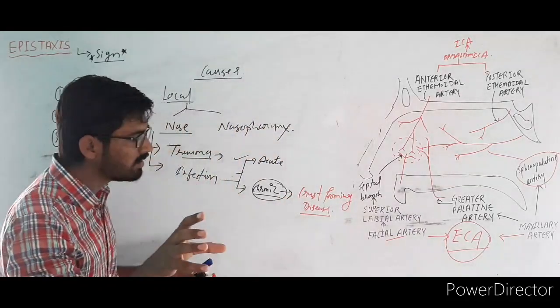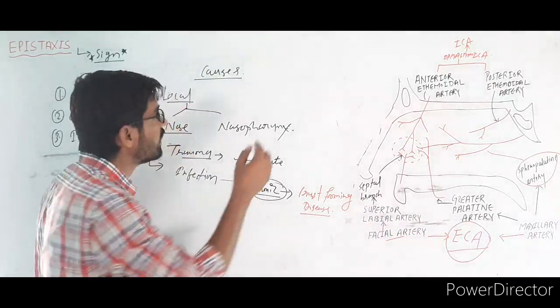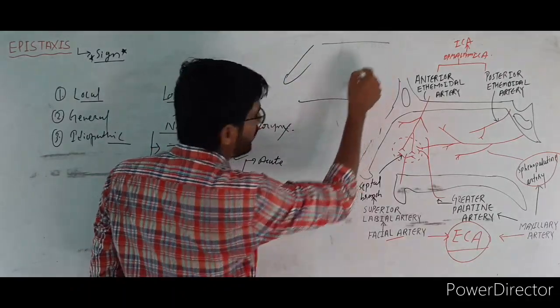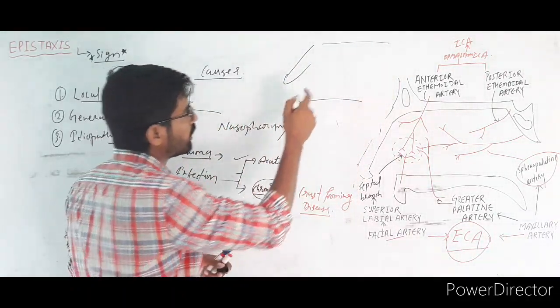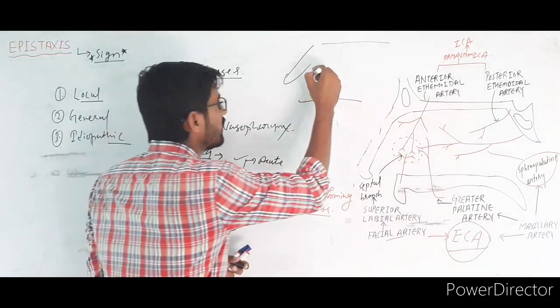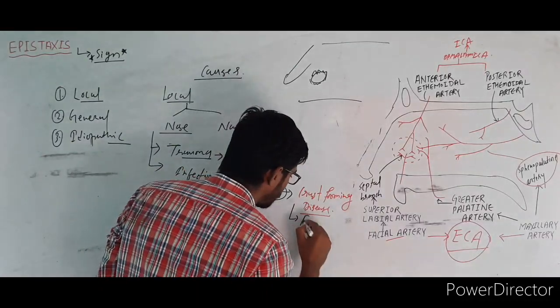Can you tell me some names of crust forming diseases? In the nasal septum, what do we see? Perforation. If there is a perforation, some crust will be formed. So one thing is the perforation.